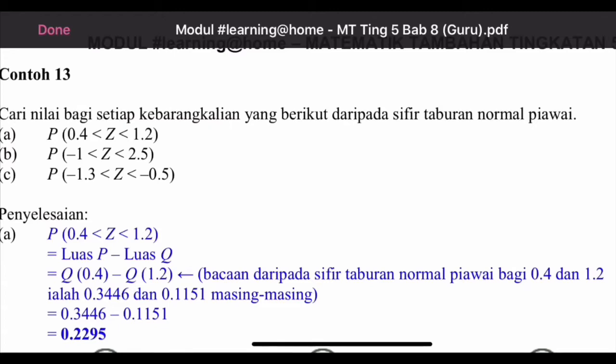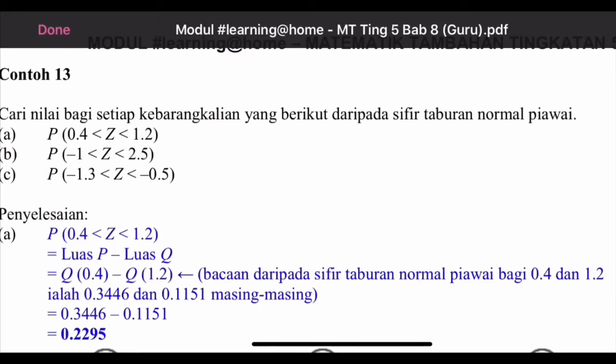Okay, so after you sketch a bell, you use the buku Sheffield to find the probability value. Example here, you find 0.4 and 1.2 first. The smaller the z-score, the bigger the probability value. Because you see the bell shape, when it is close to 0, the probability is higher.